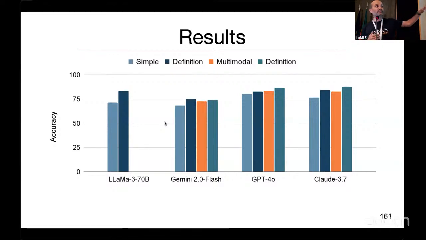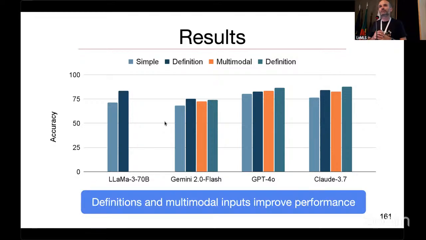But when you give it the richer definition of different types of sexism, it can recover some performance, whereas models like GPT-4o and Claude 3.7 can make much better use of the multimodal data and the richer definitions of what the different categories of sexism are that we would like it to understand and to be able to predict within the input.